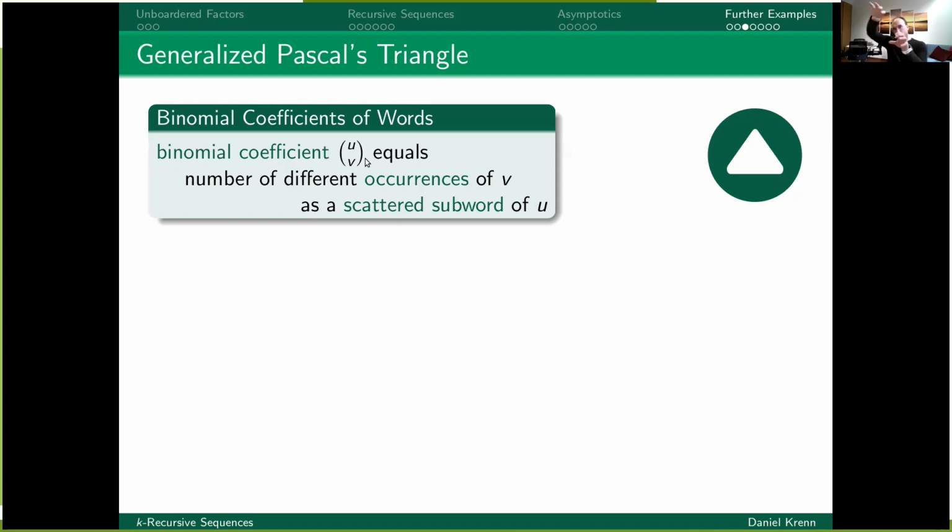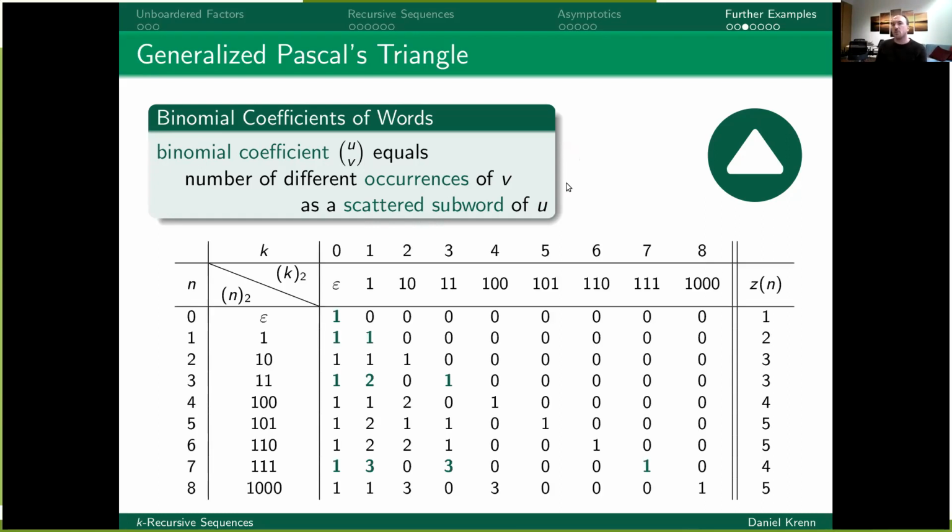Basically, you take two words and look at how often the one word appears in the other word as a scattered subword, meaning the letters do not need to be consecutive, but can be distributed somewhere. But the order is not allowed to change. I'll show you Pascal's triangle in that case here.